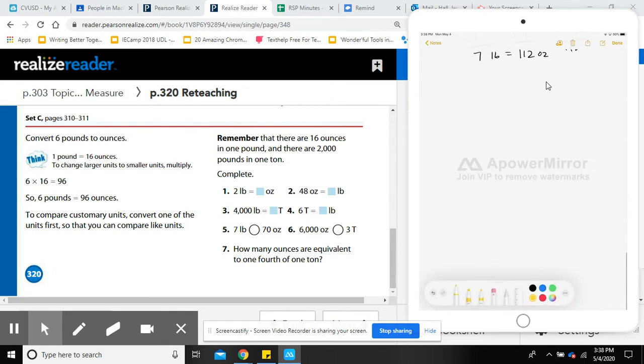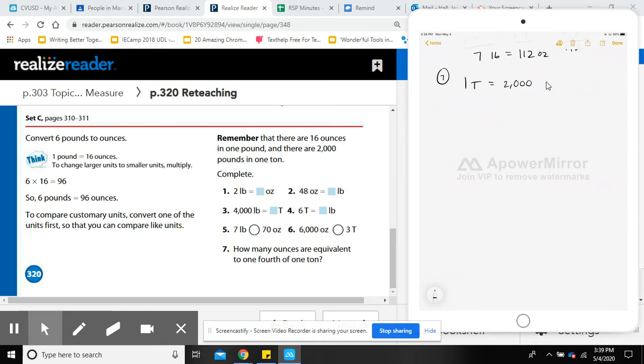All right, last one for this set, number 7. How many ounces are equivalent to 1/4 of a ton? Ooh, so 1 ton is equal to 2,000 pounds, right?